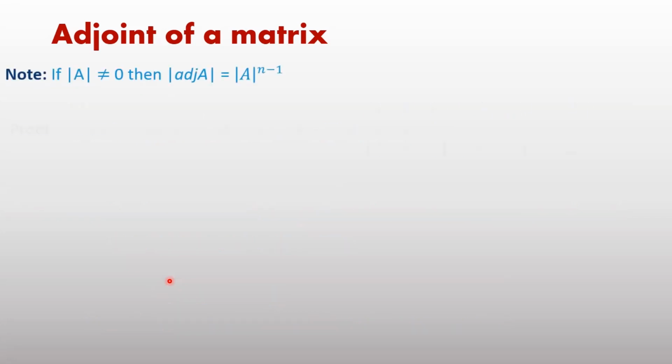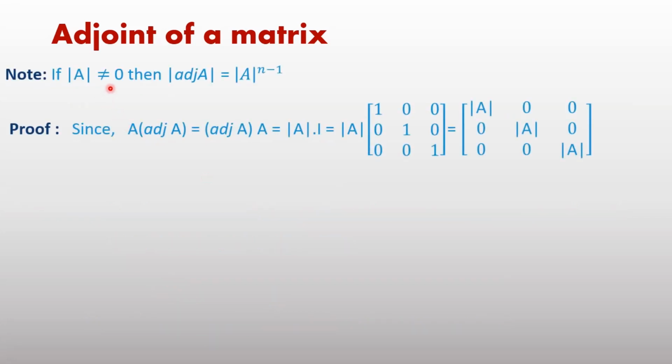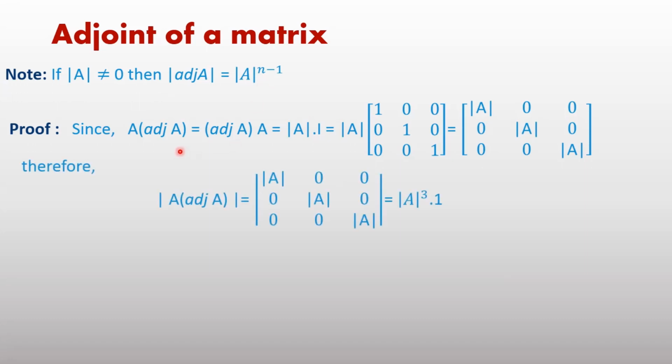Now next, if the determinant of A is not equal to 0, it means it is a non-singular matrix. In this situation, you have to prove the result: the determinant of adjoint of A equals the determinant of A to the power n minus 1. It is a very important result. Just the verification is here for a matrix of order 3 by 3.